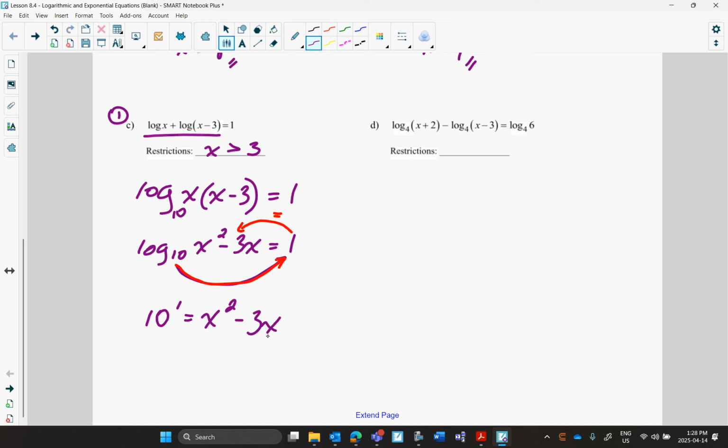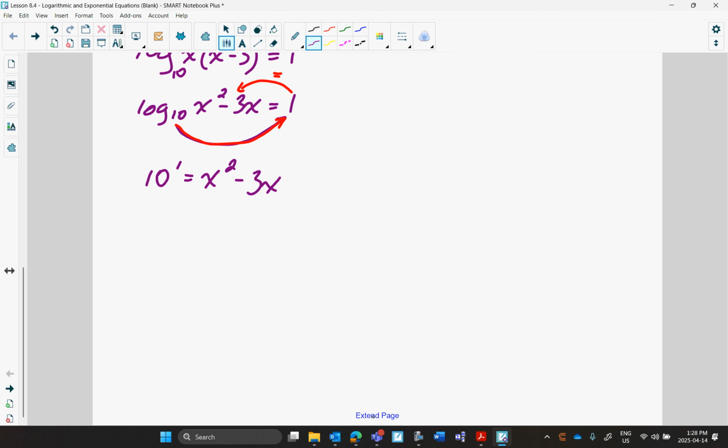What kind of equation do we have? A quadratic, a squared one, right? And how do we usually solve those? Factor. You have to bring everything over to one side and factor it, and then solve from there. So 10 to the first is just 10. I'm going to bring this over by subtraction, so I get 0 equals x squared minus 3x minus 10.